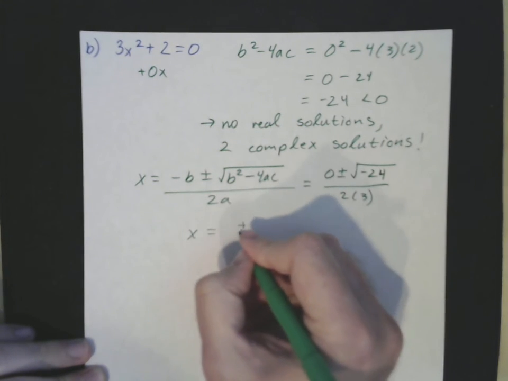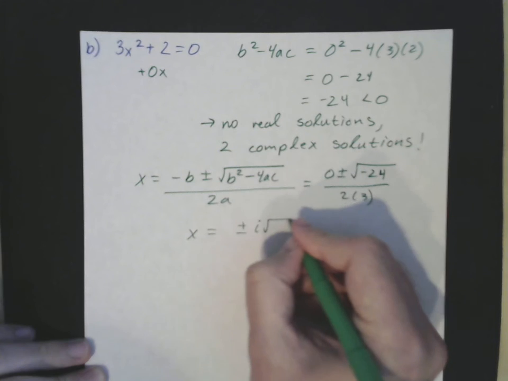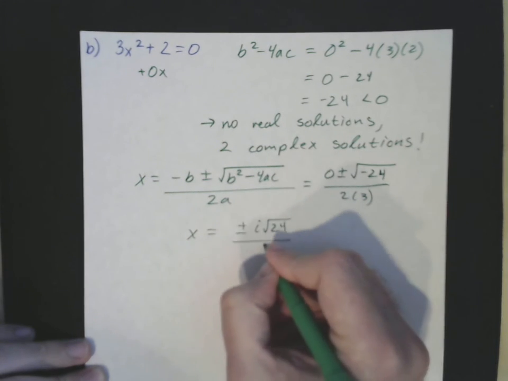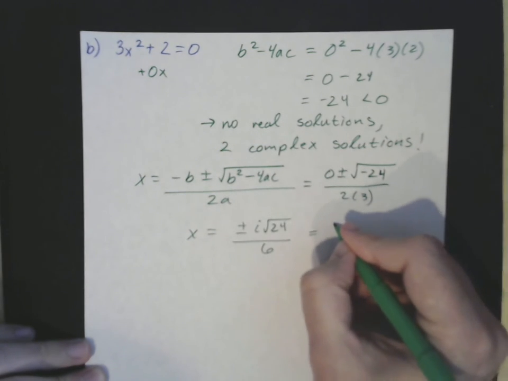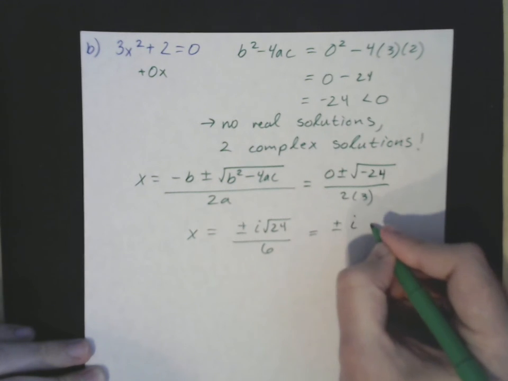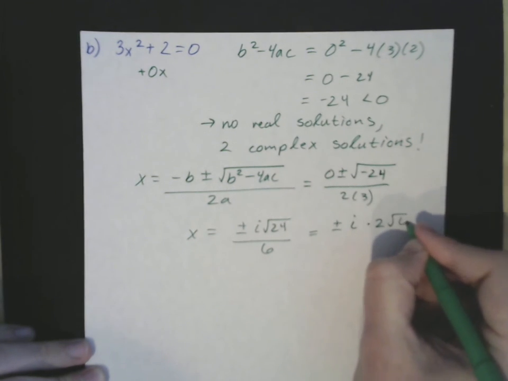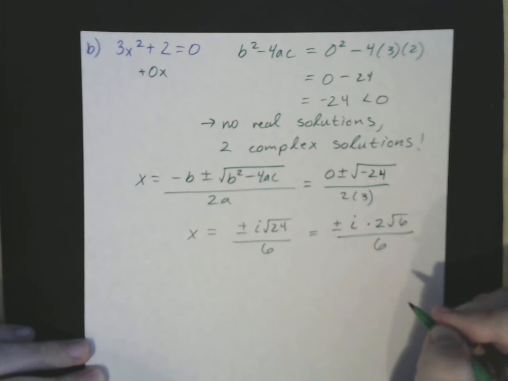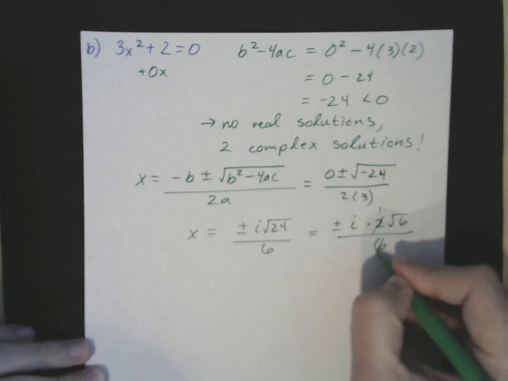And so we get plus or minus i times the square root of 24 over 6, which is plus or minus i times 2 square roots of 6 over 6. Can cancel a 2.